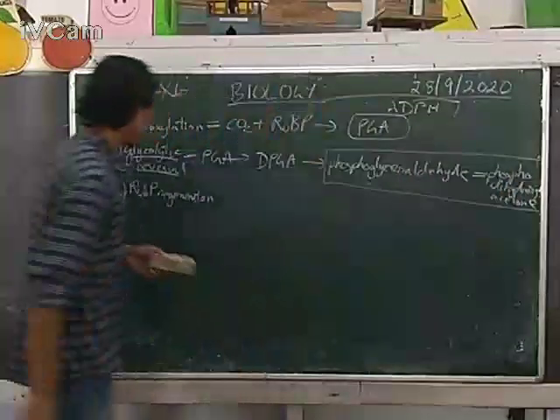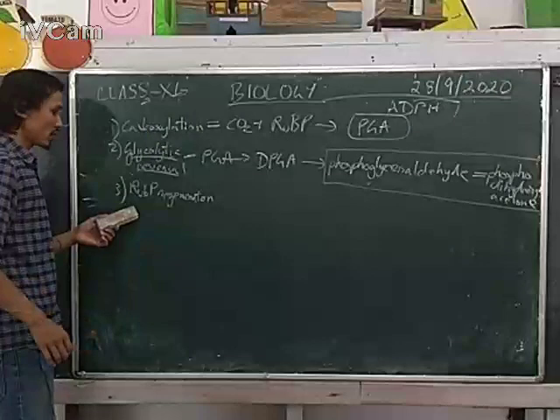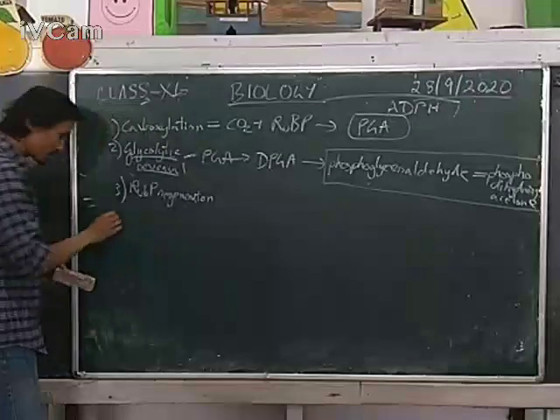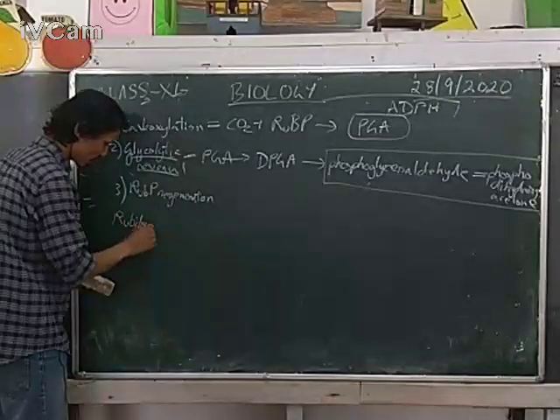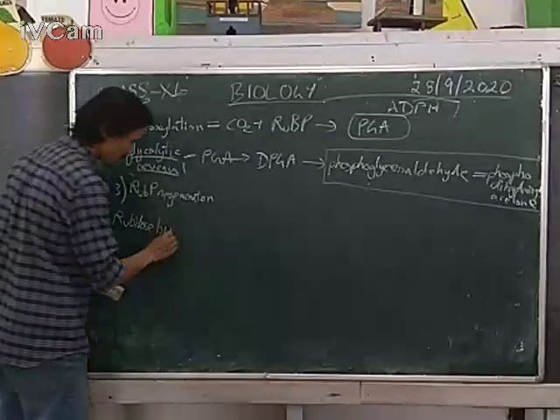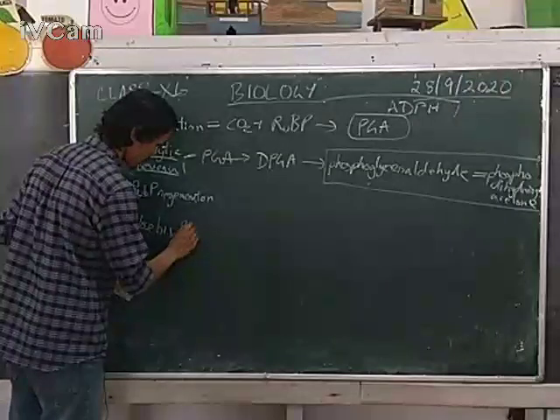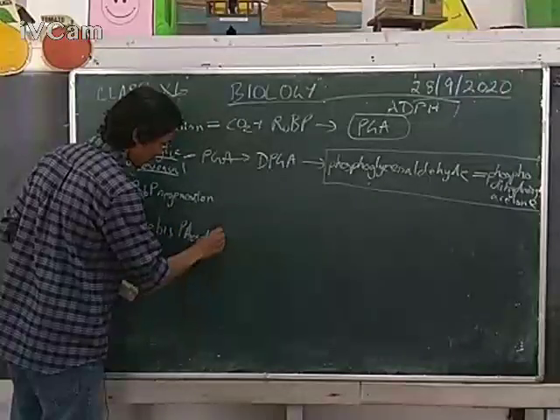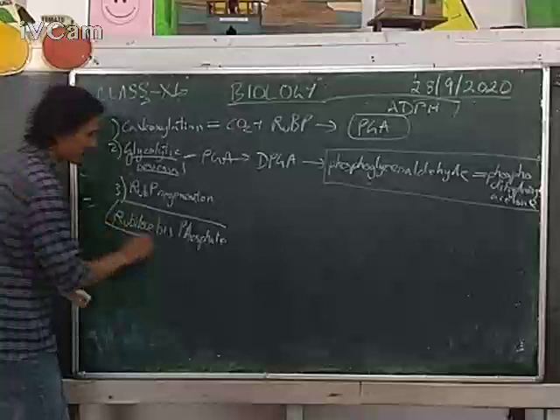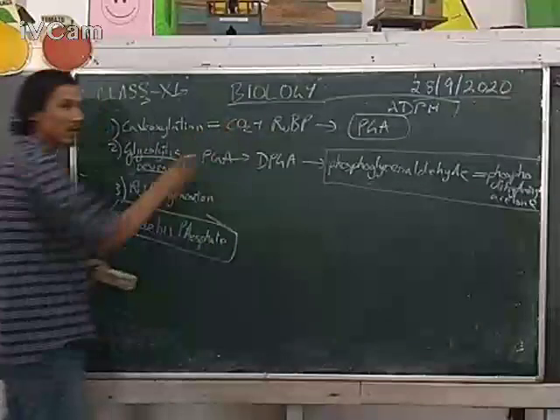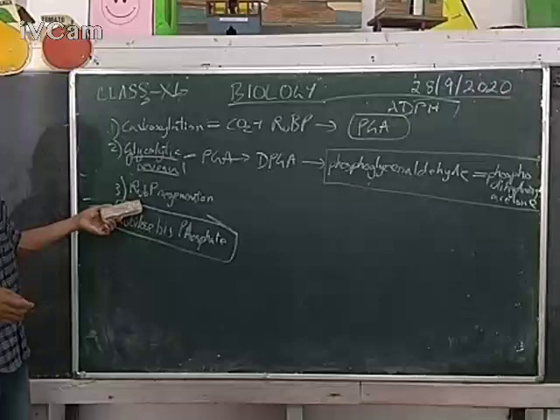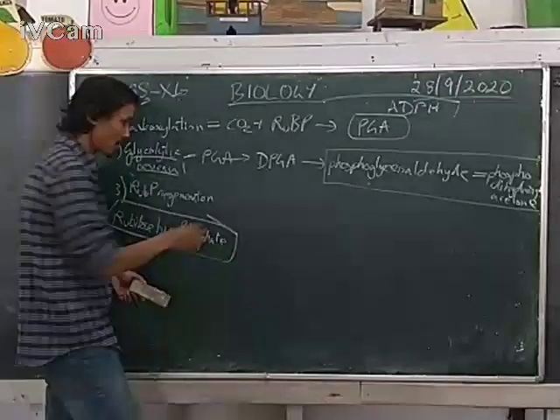In RuBP regeneration, RuBP is a 5-carbon compound. This compound has to be regenerated so that again it can combine with atmospheric carbon dioxide. In RuBP regeneration, there are a series of reactions involved.